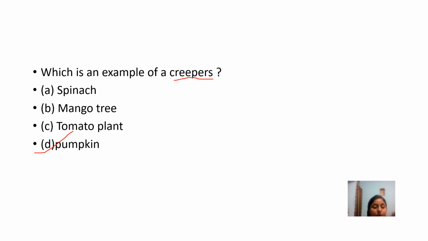In that chapter we study the classification of plants based on their characteristics. There are three categories: first herbs, second shrubs, and third trees. Herbs have very flexible stems that bend easily, but shrubs are taller than herbs and shorter than trees. A tree's trunk, or its stem, is very hard and very thick.